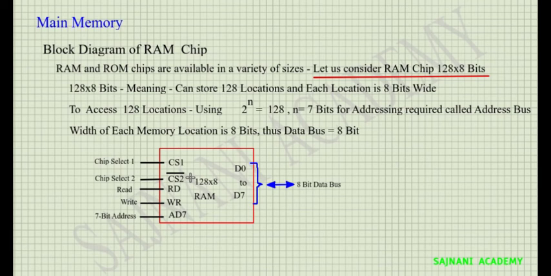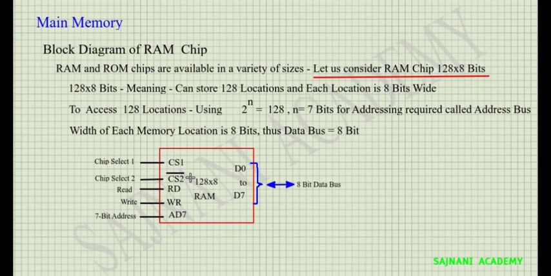So that means if chip select 1 is 1 and chip select 2 is 0, then only this RAM IC will be activated. For other values of chip select 1 and chip select 2, this RAM IC will not respond. Then the other signals are read and write.